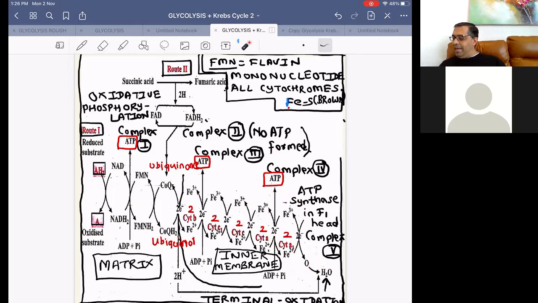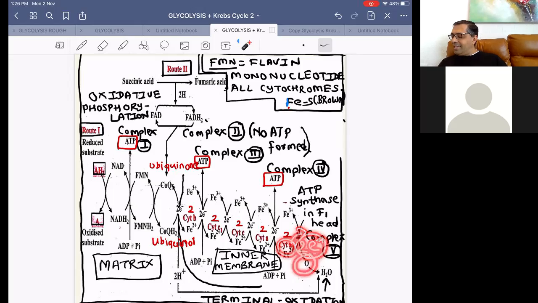Ferrous got oxidized back to ferric. And where was the electron accepted by? The 2 electrons from cytochrome A3 are accepted by oxygen. One nascent oxygen combines with 2 electrons.